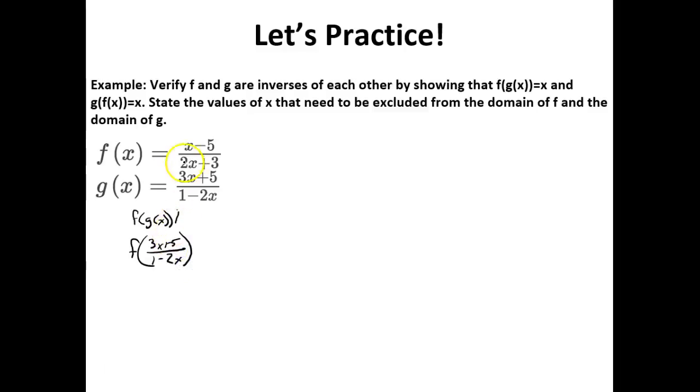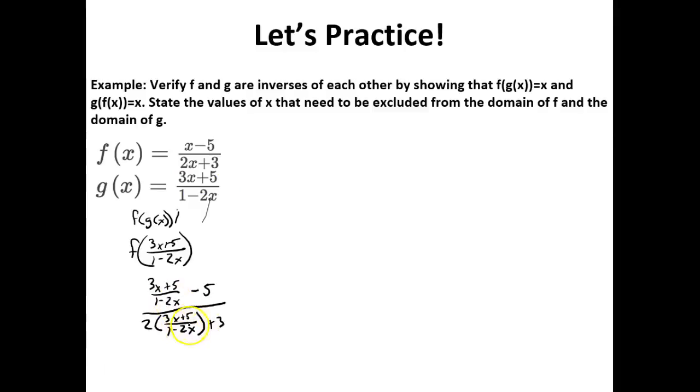When I put it into f, I would have to follow this set of directions. So I take what is getting put in, 3x plus 5 over 1 minus 2x, follow this set of directions, so subtract 5, and then in the bottom we'd have 2 times what's going in, 3x plus 5 over 1 minus 2x, plus 3.